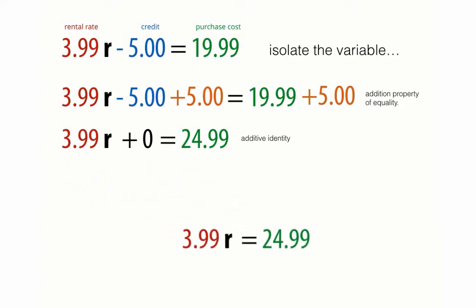Now, the operation between the 3.99 and the R is multiplication. And I want to do the inverse of multiplication, which is division. But also, there's another thing called the reciprocal. And I don't want you to lose out on understanding what a reciprocal is.